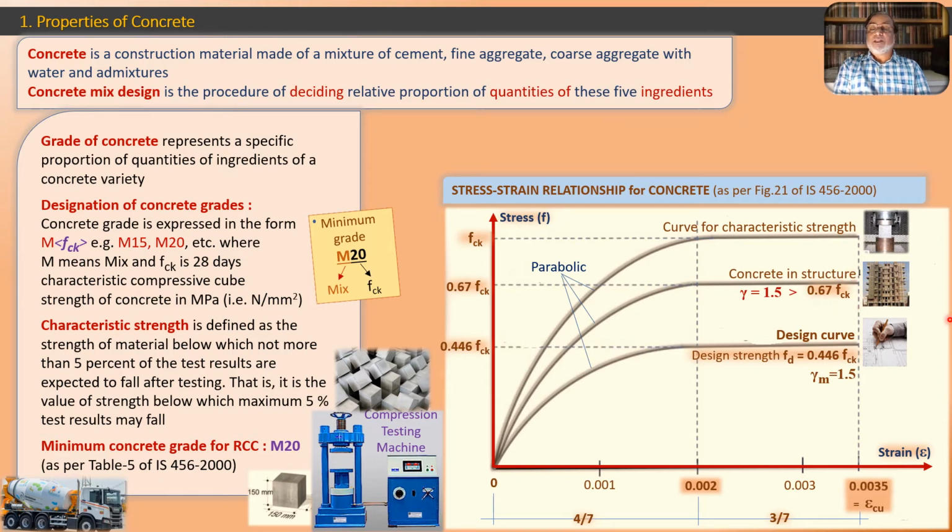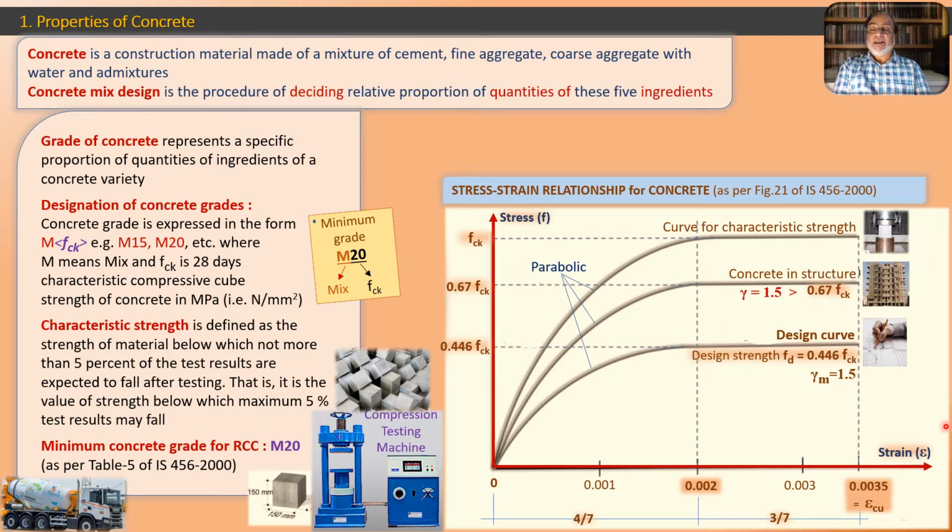But this was one difference. There are other uncertainties about testing which are usual, and that is why IS code is saying though you have reduced it to 0.67, you have to further reduce it by a partial safety factor gamma m equal to 1.5.